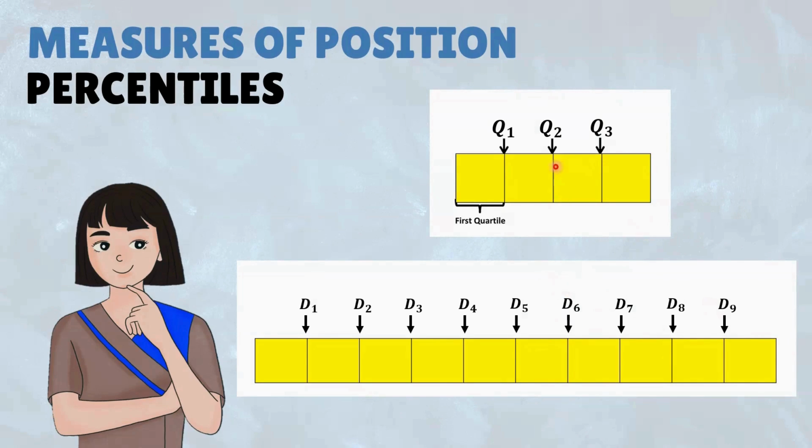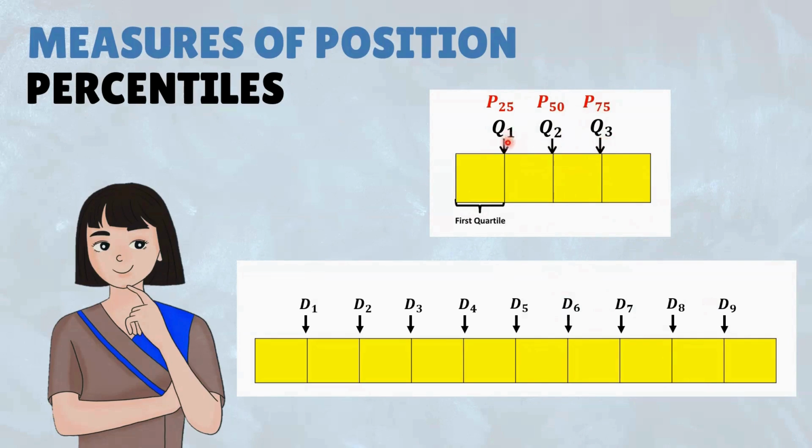On the first illustration above, we are presented the interrelatedness of quartiles and percentiles. We see that percentile 25 is equivalent to quartile 1, percentile 50 is equivalent to quartile 2, percentile 75 is equivalent to quartile 3.